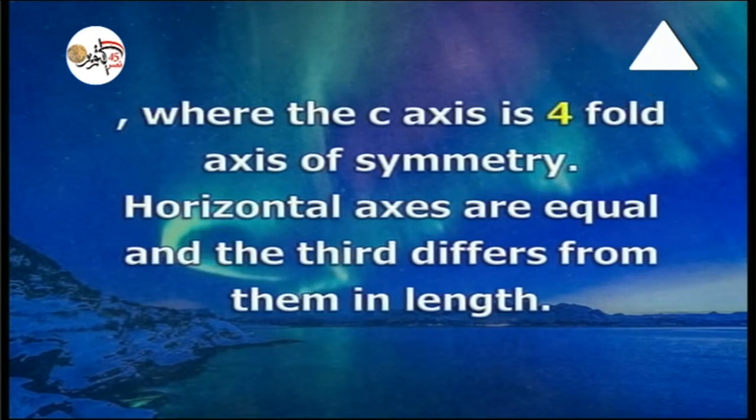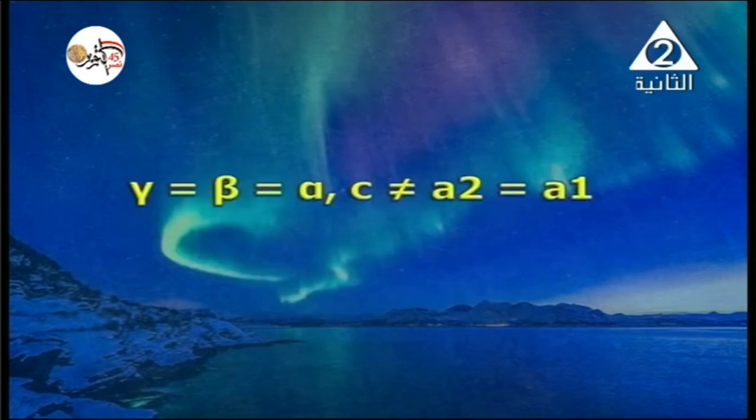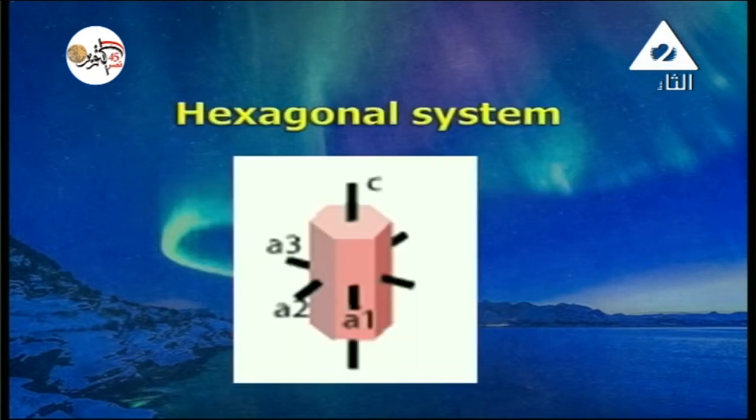The horizontal axes are equal, and the third is different from them in length, which is the C axis. As you see, gamma equal to beta equal to alpha, C not equal to A1 and A2. We still have perpendicular axes. The angle between these axes is 90 degrees.